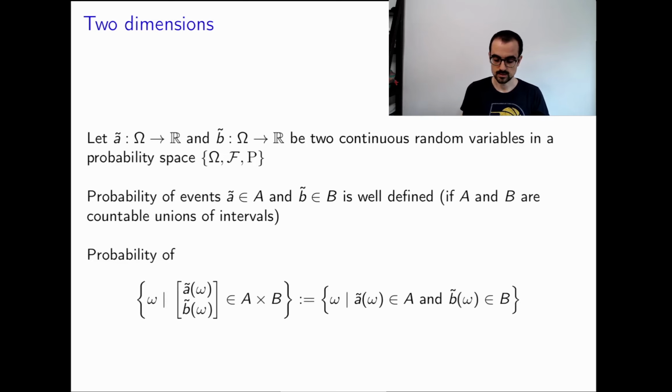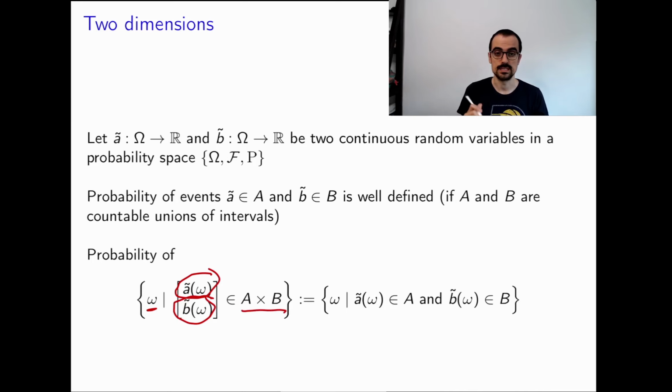Because of that, we can define the probability that a certain outcome is mapped to both intervals. Formally, that means that if we build a vector where the first entry is the value of the first random variable and the second entry is the value of the second random variable, then we can consider the event that that vector ends up in the Cartesian product of A and B.